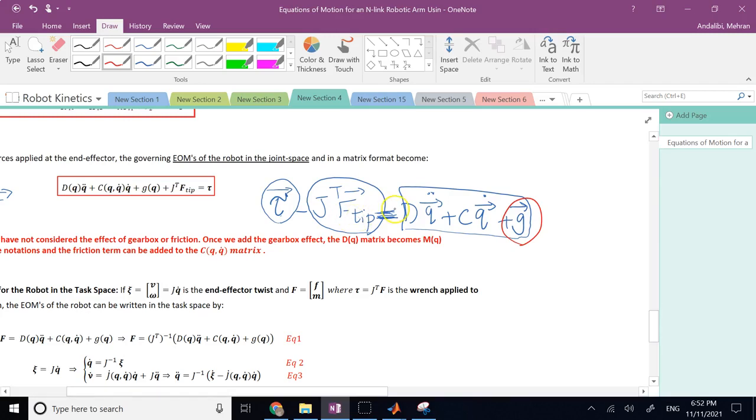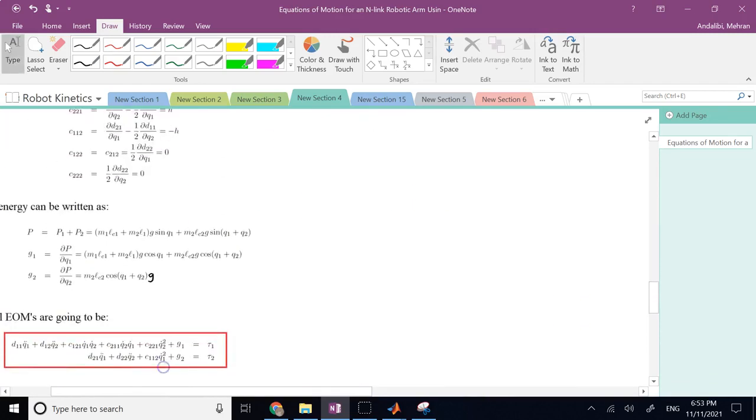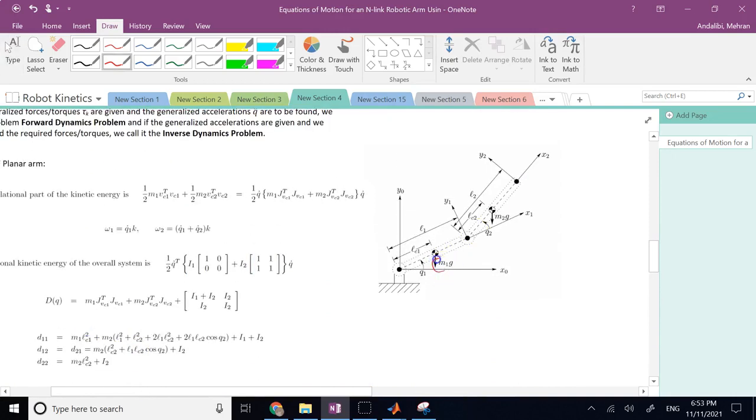So let's say we go back to this case here. If in addition to canceling these mg's in a static condition, at this end effector you also are applying some force to the environment, and the reaction of that is applied to you, so you're applying this force F of tip to the environment by the end effector, and the reaction of that is applied back from the environment to your end effector, then you also need J transpose times this F of tip in addition to the torques that you needed to cancel the mg terms.